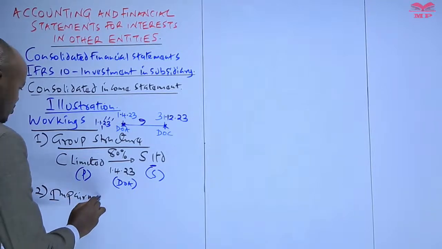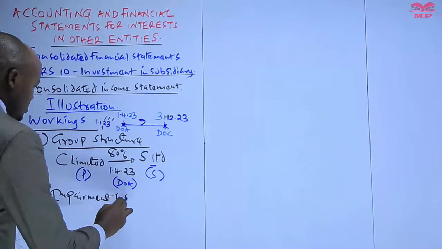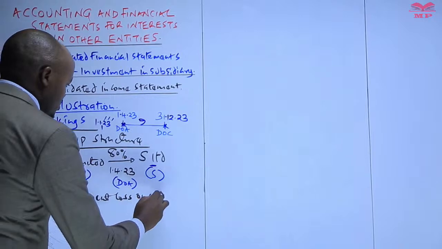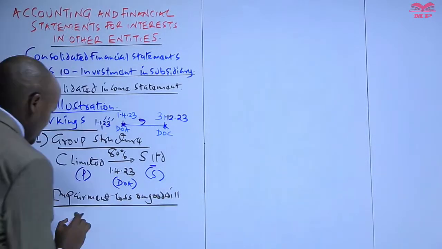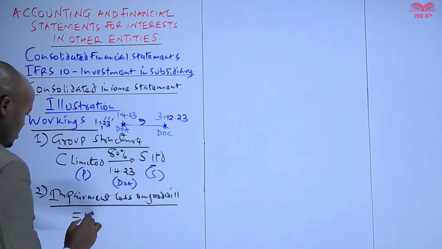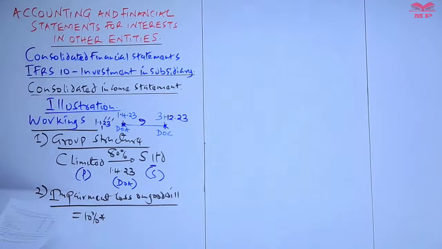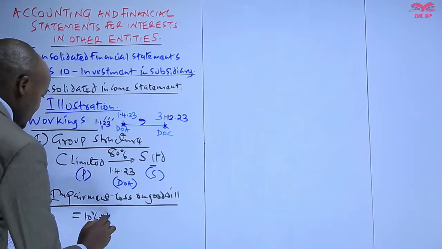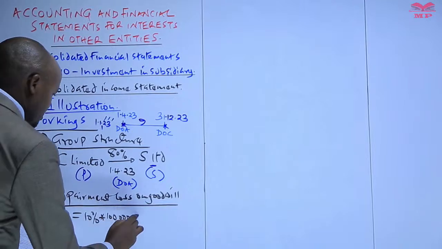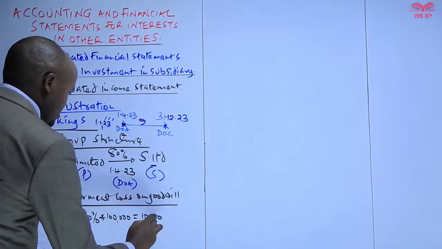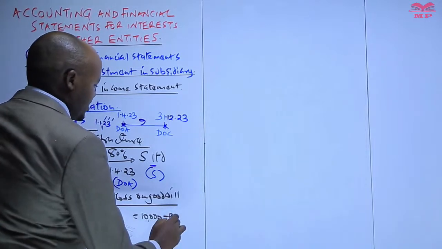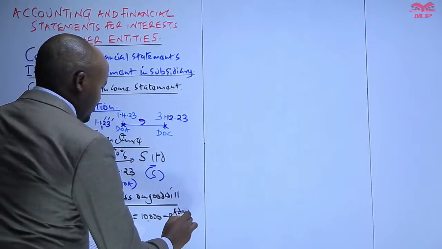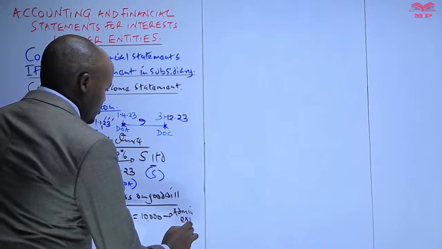Impairment loss on goodwill would be equal to 10% of the value of the goodwill, which is 100,000, and this will be 10,000. And recall what we said in our previous session, that this one is supposed to be included as part of administrative expenses.